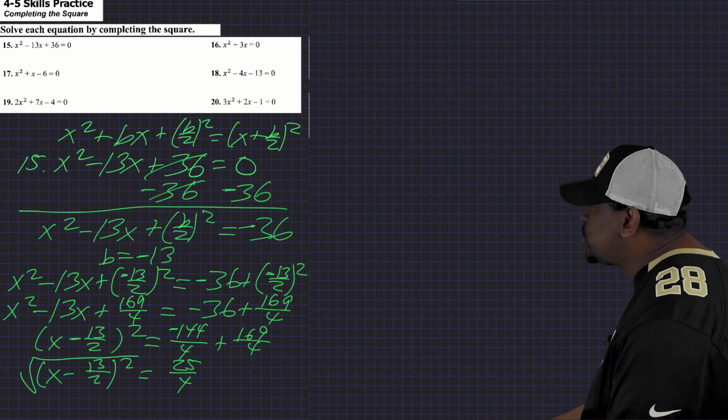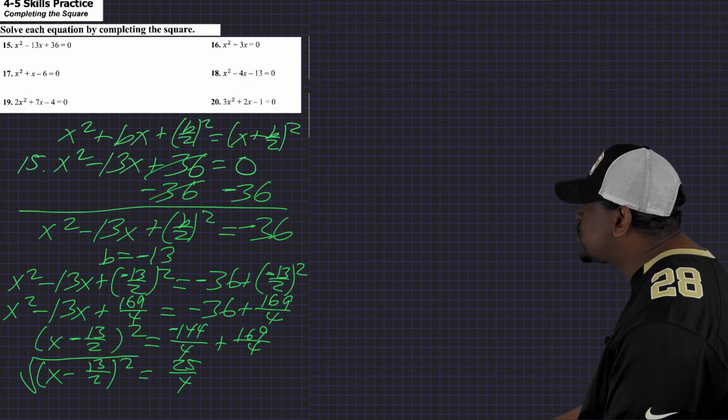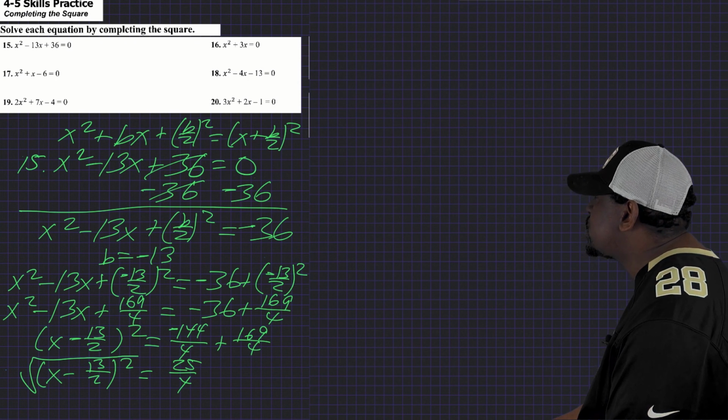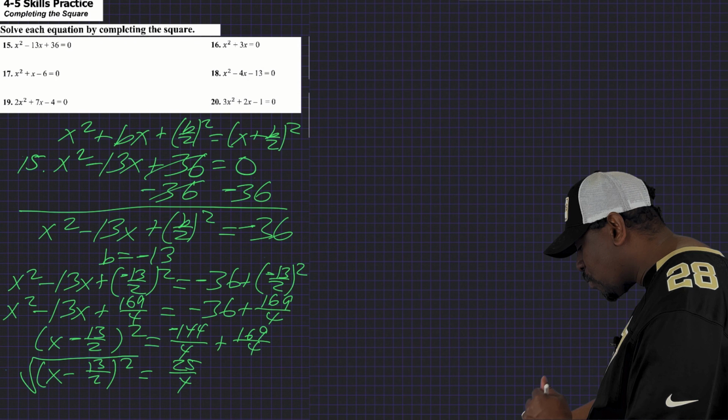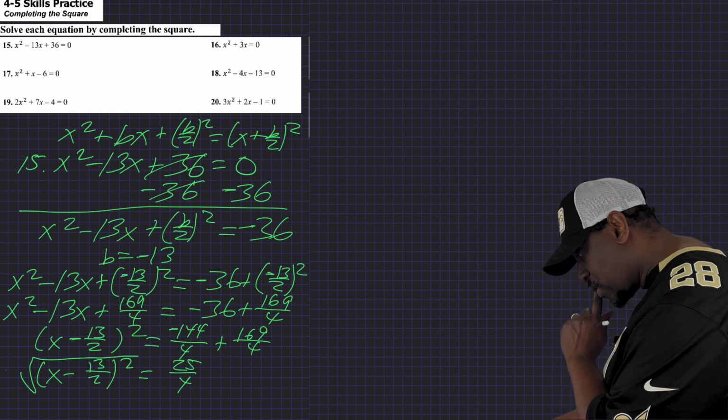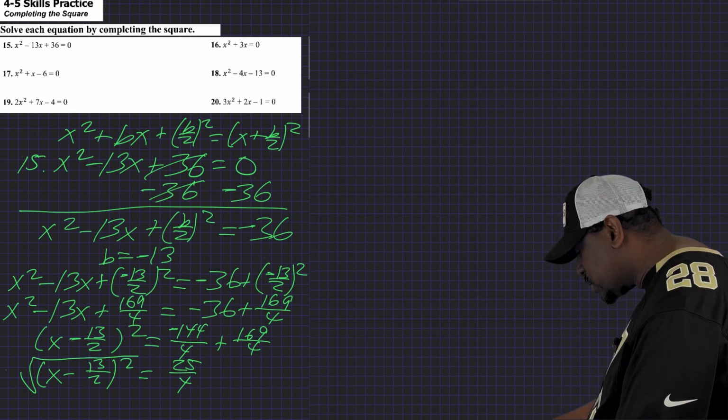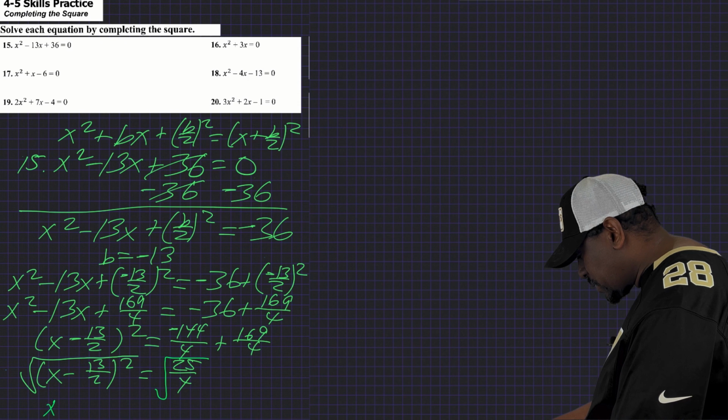So at this point, we take the square root of both sides to get rid of the square on the left side of the equal sign and get x minus 13 halves. I think we don't have enough room, so we're going to have to erase some work first, and then we will be able to do that.